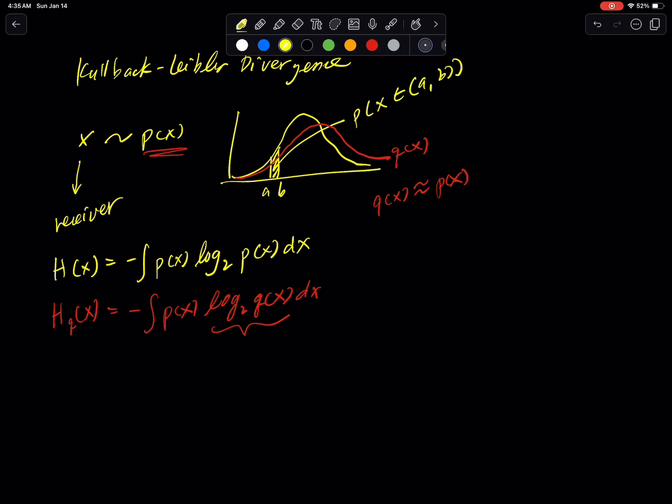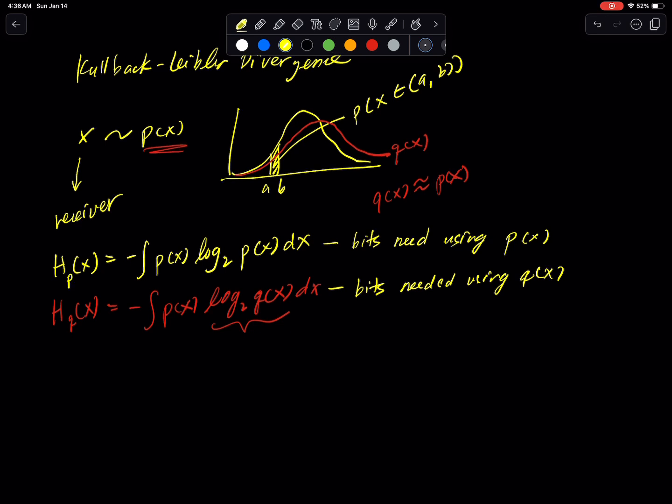Again, the first value calculates the number of bits needed using the actual distribution p of x as your basis, and the second one calculates the number of bits needed using an approximate distribution, which is q of x. Let's change the first variable to be h sub p of x.